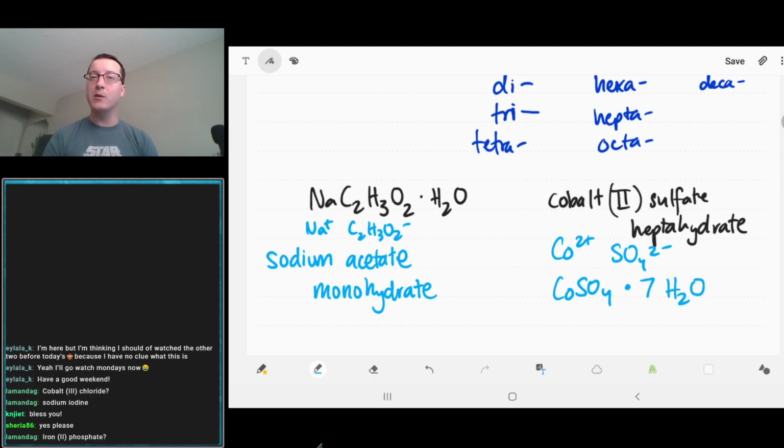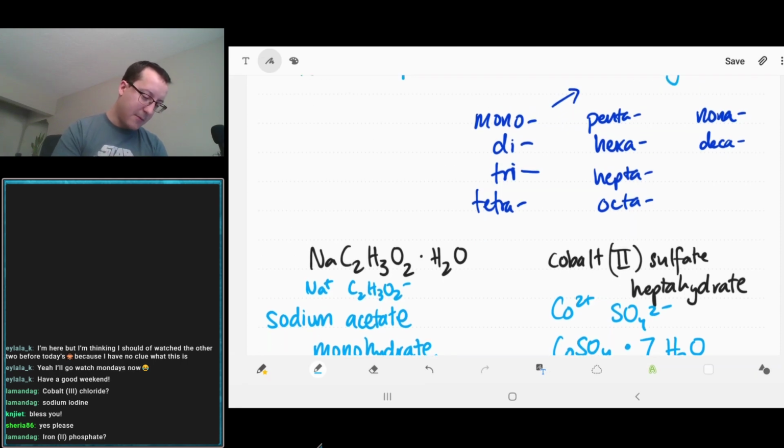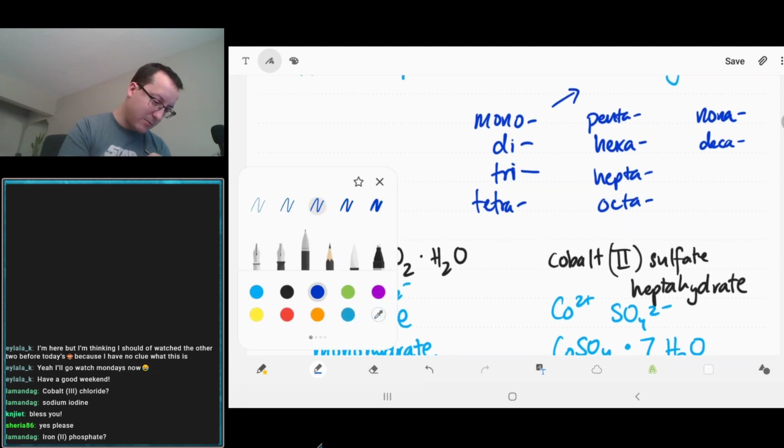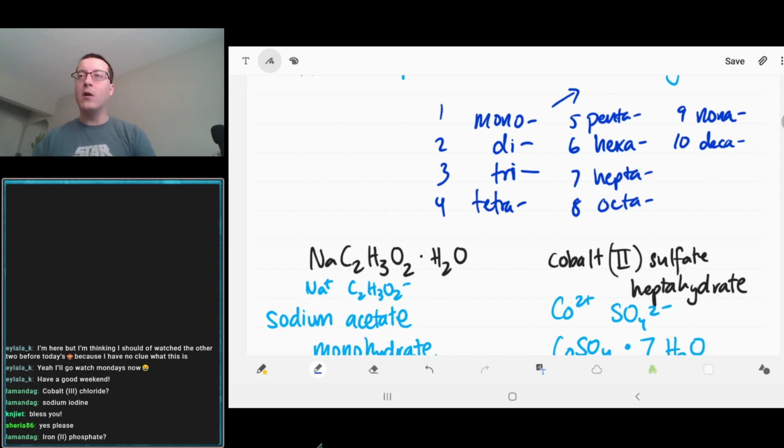And so our formula would be CoSO4 dot 7H2O. The dot is not like a period, it's in the middle, like a multiplication dot in mathematics. Just so we know, I guess I should have put the Arabic numbers in case we have forgotten. So those would be part of it.